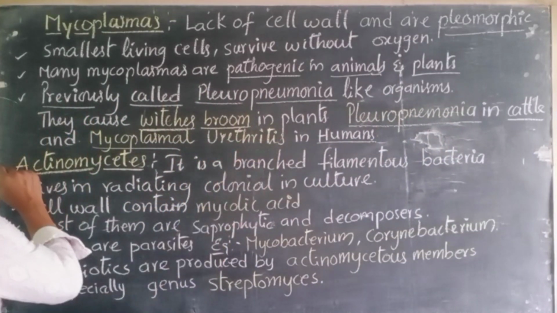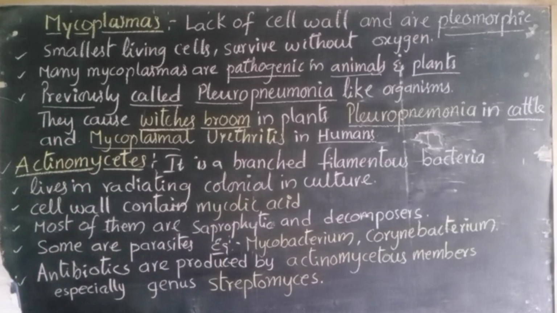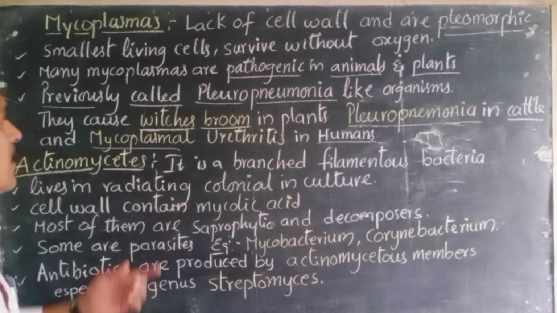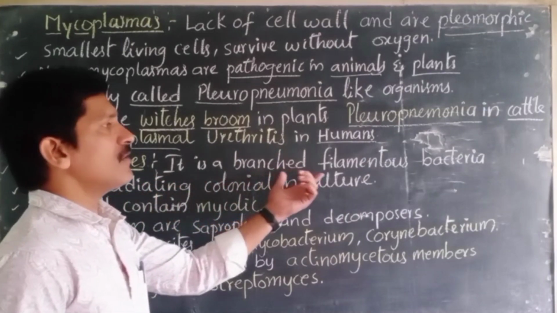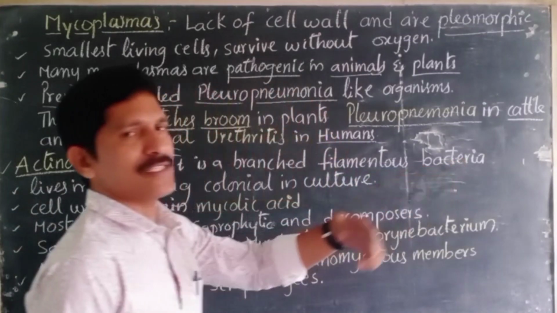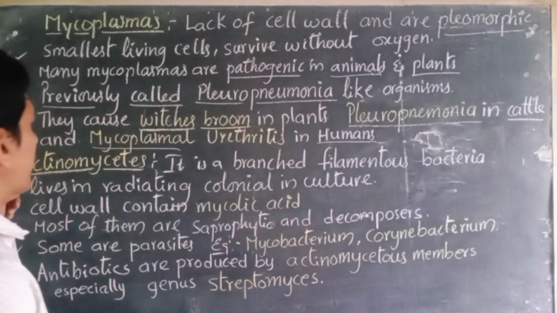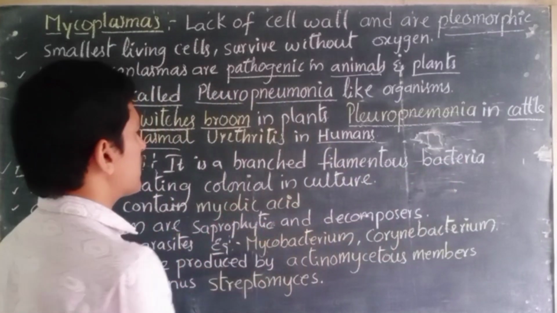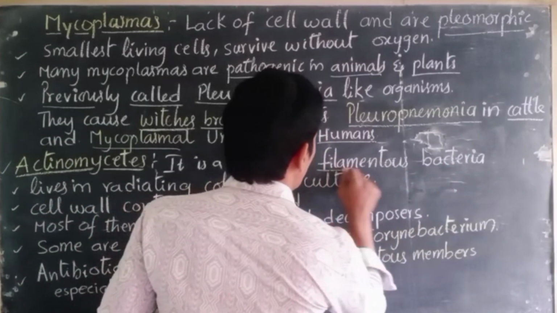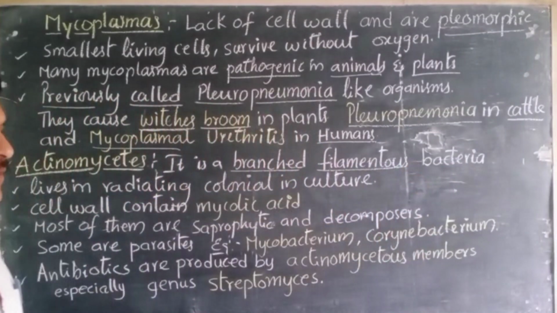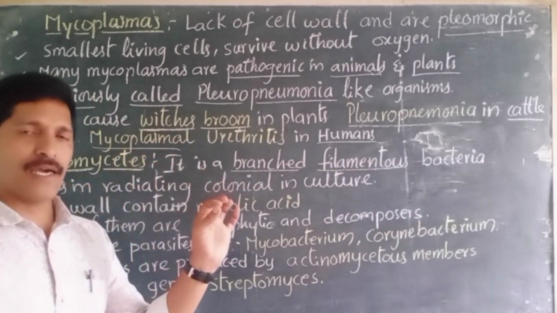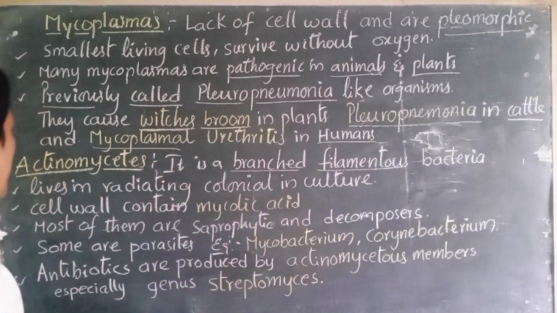And the second subgroup of monera organisms is actinomycetes. It is also a kind of bacteria, a branched filamentous bacteria. That is the characteristic feature of actinomycetes. It is a branched filamentous bacteria, and the body, the thallus of the bacteria, looks like a thread, right?